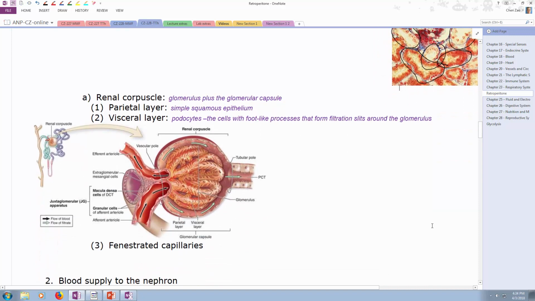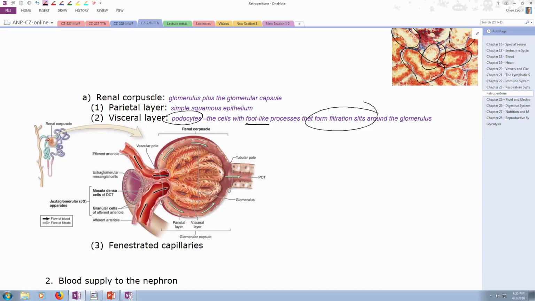Renal corpuscle: glomerulus plus the glomerular capsule, parietal layer, simple squamous epithelium, visceral layer. They're called podocytes. Podiatrist, foot doctor? So podocytes. That's because those cells have foot-like processes that are designed to form filtration slits around the capillaries of the glomerulus.